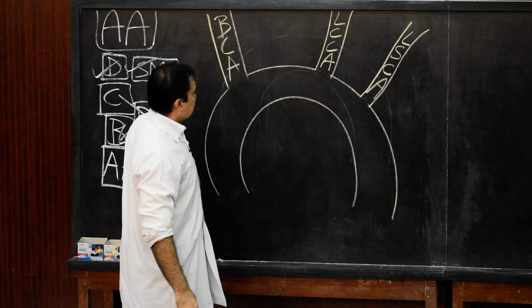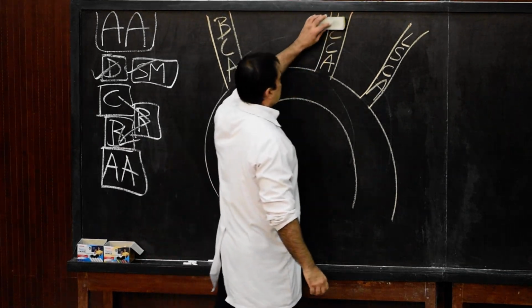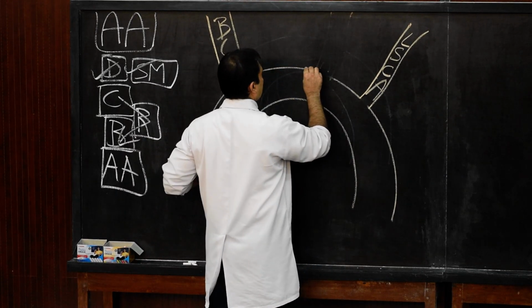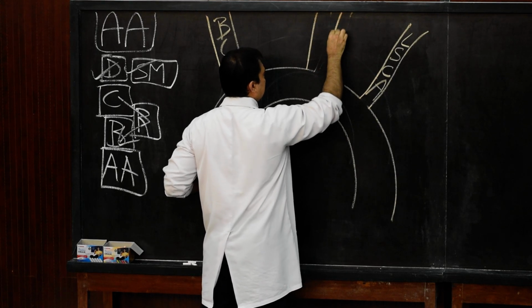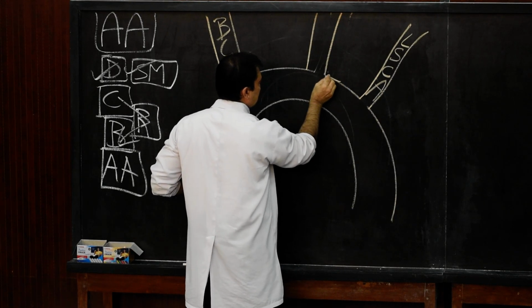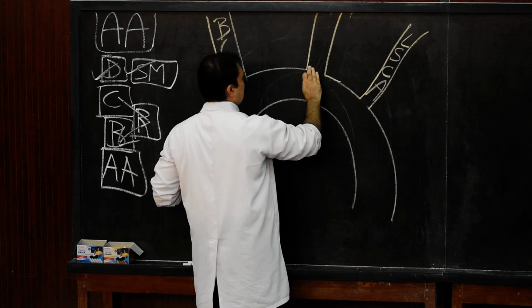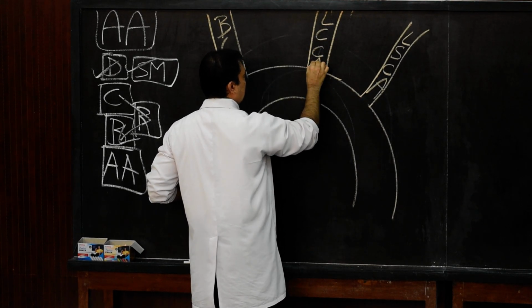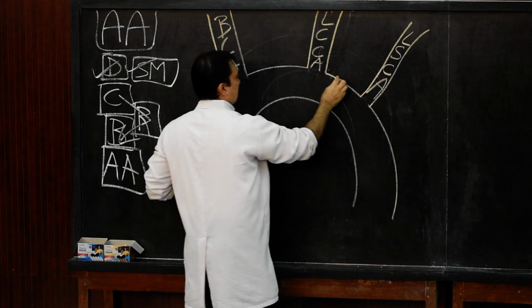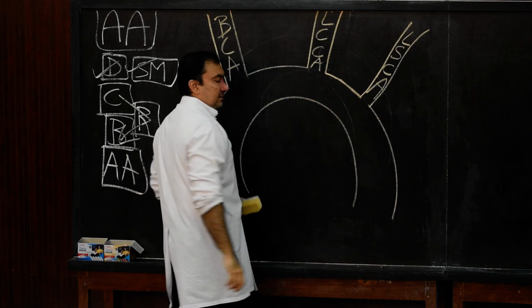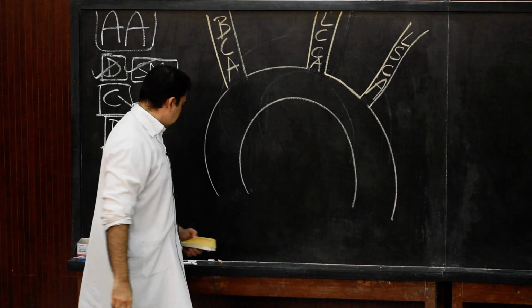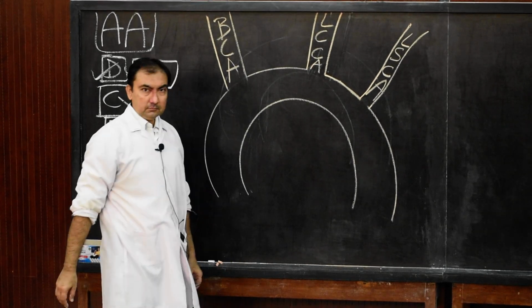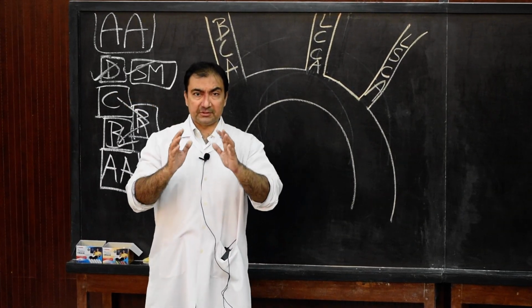So this way we have drawn, and let us draw this more on this side so that we have more space between these two. So this is the left common carotid artery. Similarly, now the entire arch of aorta, we need to understand the course.